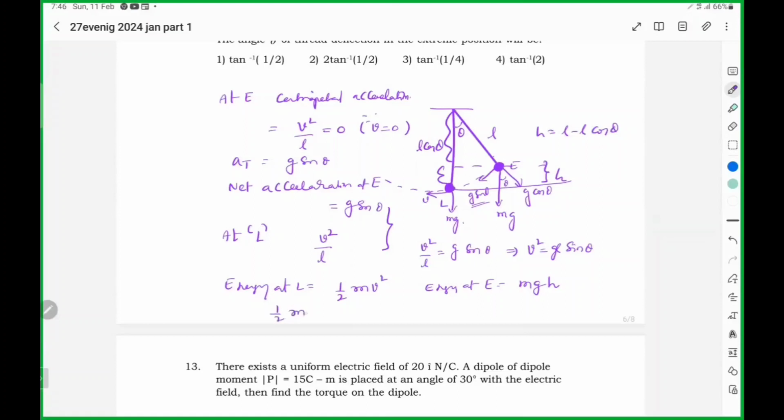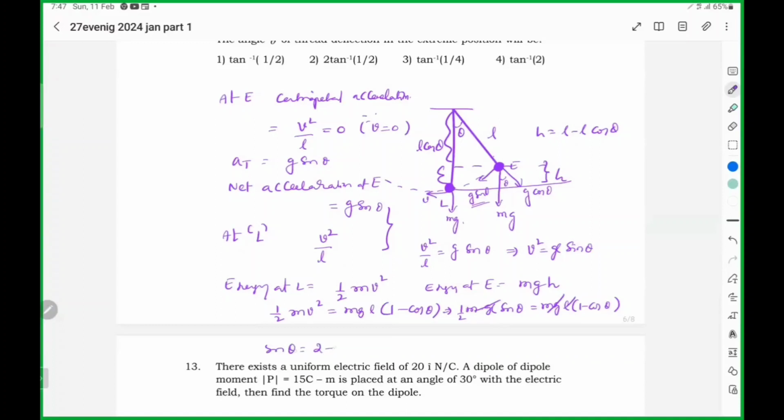So half mv square is mgl into 1 minus cos theta. So here v square is gl sin theta, which is mgl into 1 minus cos theta. mgl get cancelled.